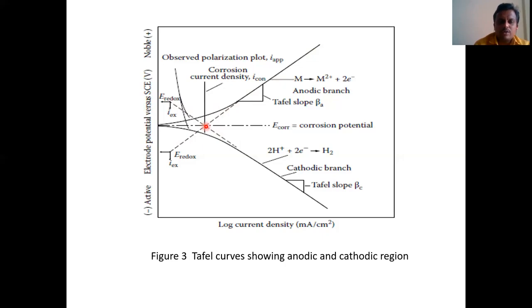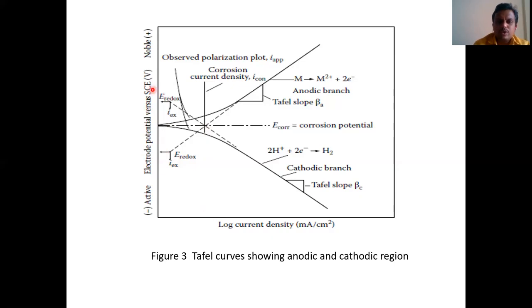So ECOR, when you go towards the y-axis, you are getting the ECOR value. ECOR stands for corrosion potential. And from here, you are getting the ICOR value, that is corrosion current density. From that, the software automatically calculates the corrosion current. So ECOR and ICOR are important.